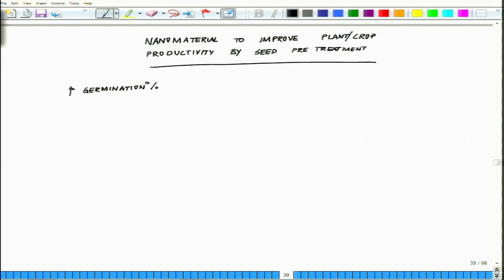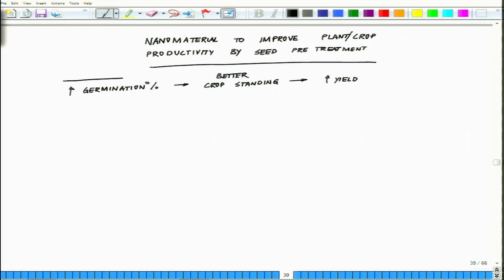The higher the germination, the better the crop standing, and in all likelihood, if all the other parameters remain good, the better the crop standing, the higher the yield.